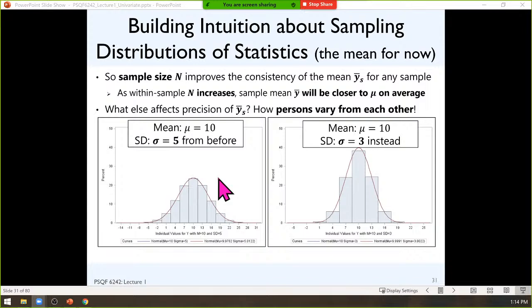And I say this not to be amusing, but because these are real words that you will read. People will say things like homogeneous variance versus heterogeneous variance. So more alike is homogeneous, smaller standard deviation around the mean. More different from each other is more heterogeneous, bigger standard deviation around the mean.